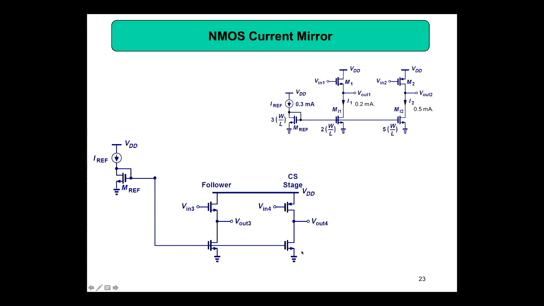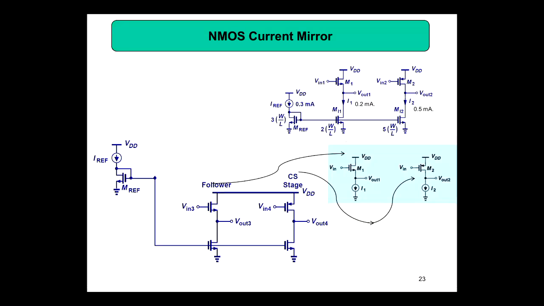Again we will be using a current source here. This is a general way of representing without any number attached. Whenever we need a source follower or biasing, we will be using this scheme. That's how we represent it as a general term. We used an NMOS current mirror here, so you can see NMOS. That is a follower circuit, and this is a common source stage in the previous example.